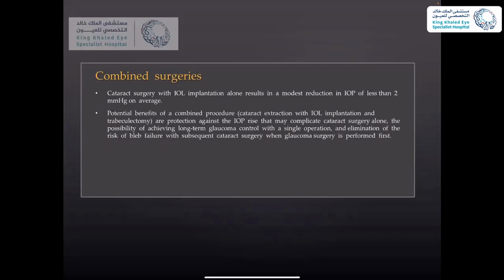For combined surgery, we always think about it if the patient has any cataract changes and you're planning glaucoma surgery. You make sure that you do both, because doing cataract surgery after glaucoma surgery might compromise the glaucoma surgery you have already done.